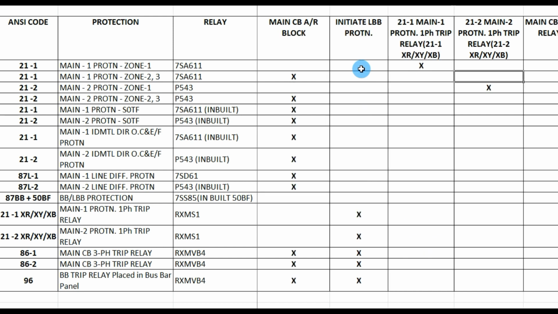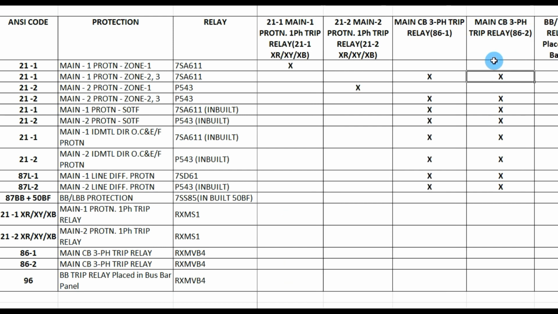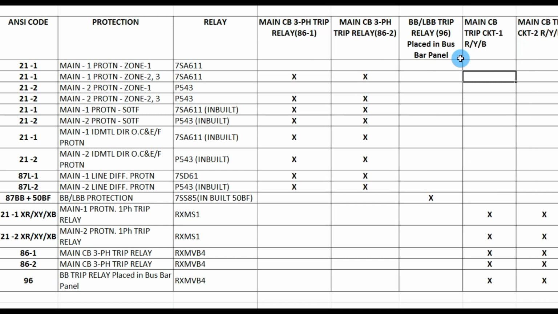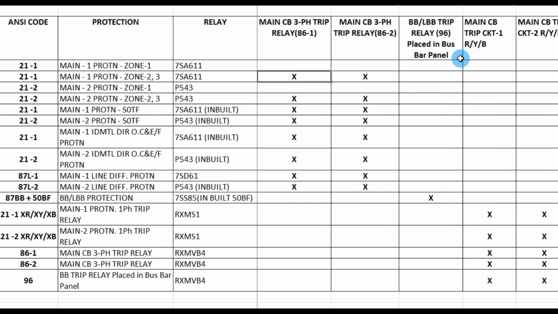Then they want the 3-phase trip, that is our lockout operation. 86-1 is a master trip, so that is related to lockout operation. So if you have a fault other than Zone 1, it should go for lockout. Then it is also tripping master trip 1 and 2, we are giving tripping to both master trips 1 and 2.